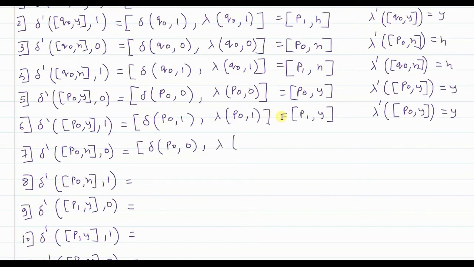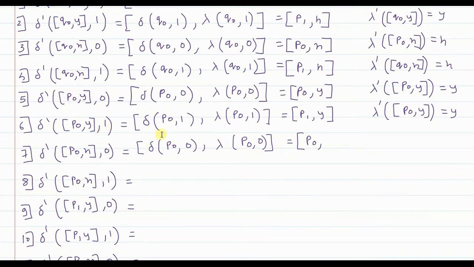This can be further written as δ of the state P0 on input 0, comma λ of the state P0 on input 0. So again P0 on 0, we have already calculated here.